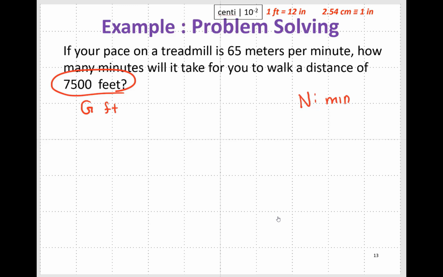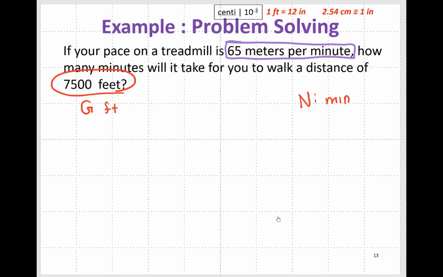There's another piece of information in this problem, and that is 65 meters per minute. It's a problem-specific conversion factor that will take us from a unit of distance to a unit of time. So this is indeed a problem-specific conversion factor.